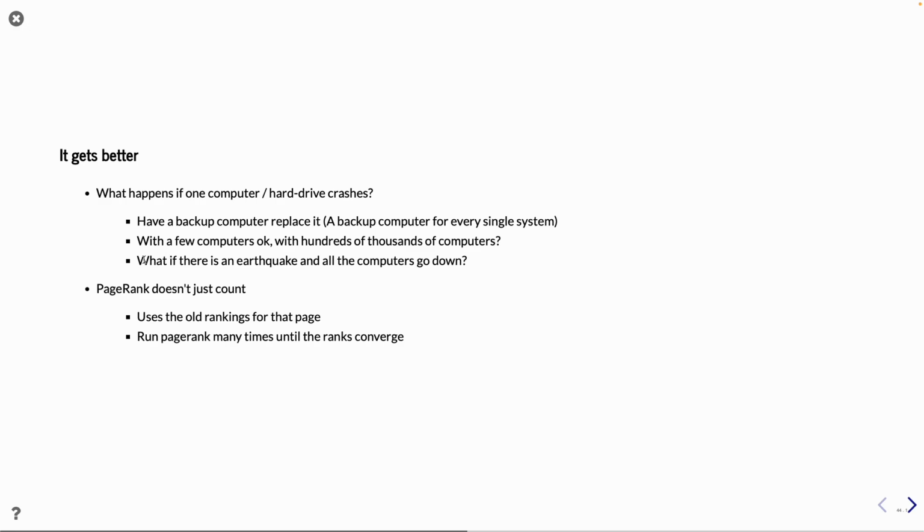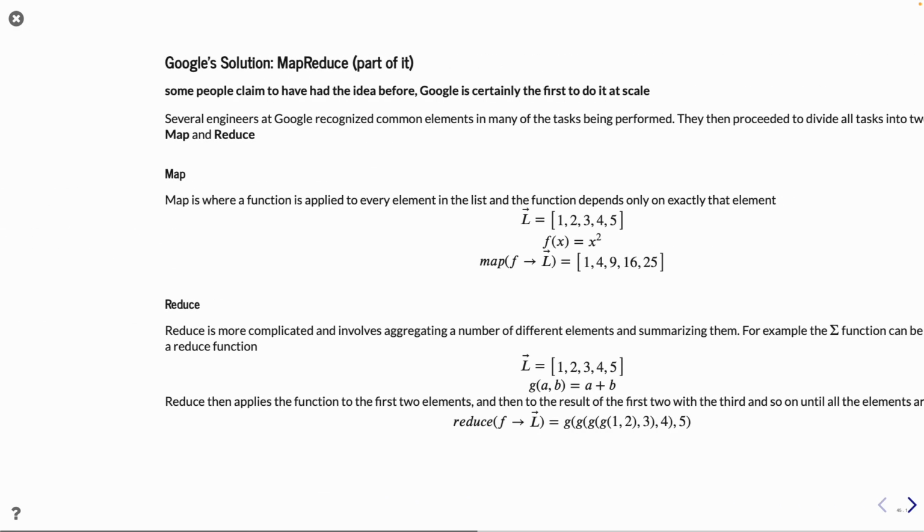And maybe even an earthquake crashes a whole computer site. And adding to that, PageRank doesn't just count, but it also keeps track of old rankings for the page. And it means it needs to run this algorithm several times to converge. So it's a really complex system that they're looking into.